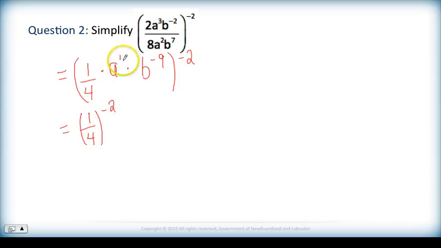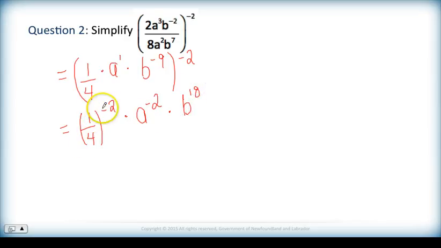Now we have a power of a power, so we're going to multiply. 1 times -2 is going to give us a to the -2. Then we have b to the -9, so -9 times -2 is b to the 18.